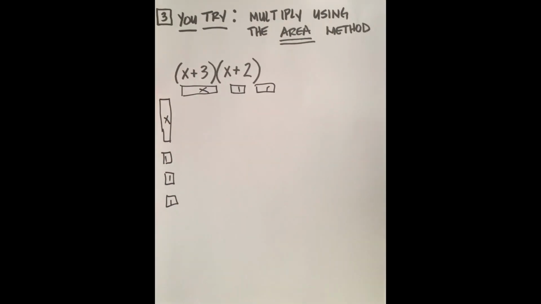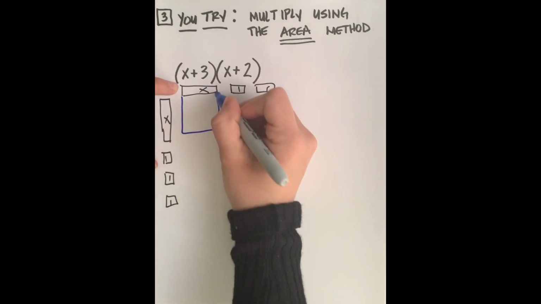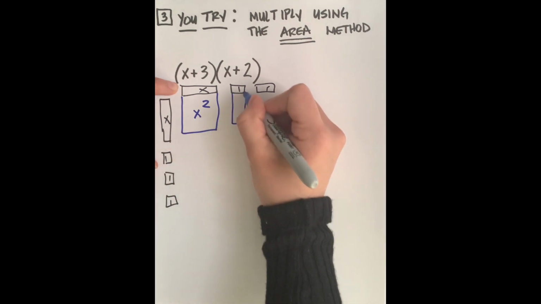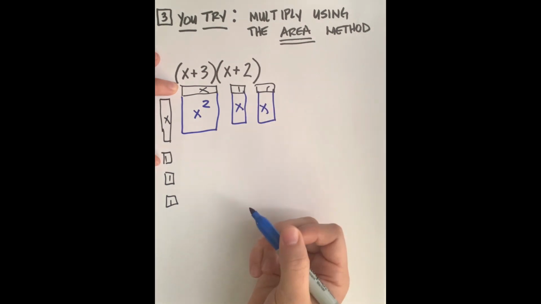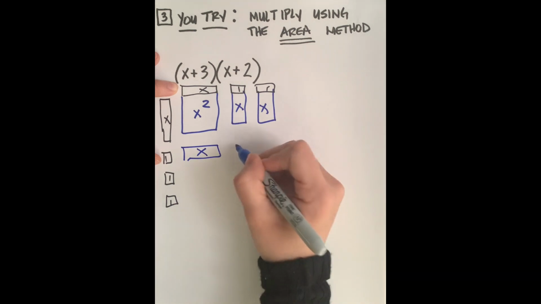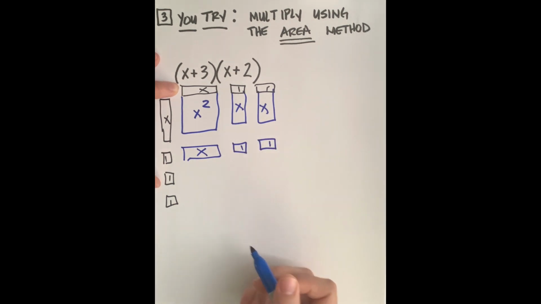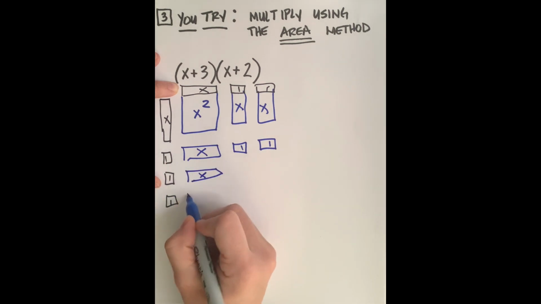The way we would do this, we would see that x times x would give us x squared. X times 1 would give us an x. X times 1 again would give us an x. 1 times x would give us an x. 1 times 1 would give us a 1. 1 times 1 would give us a 1. X times 1 would give us an x. 1 times x would give us an x.